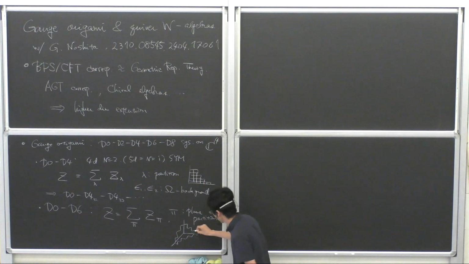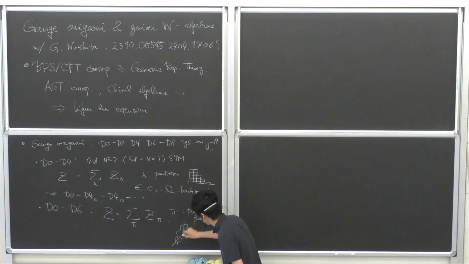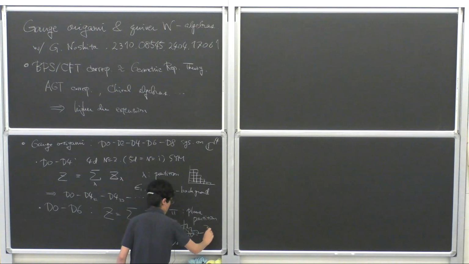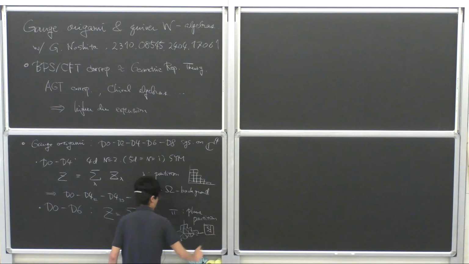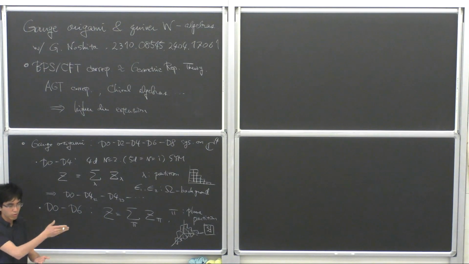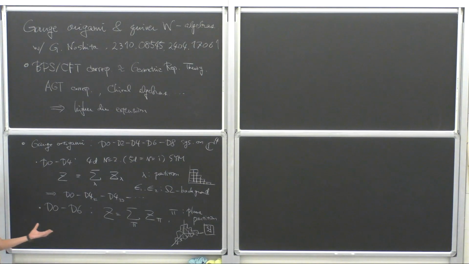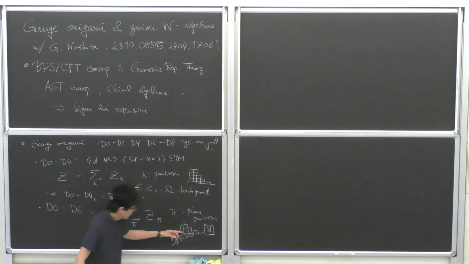It's a bit difficult to draw, but now this is a 3D partition here. The reason is clear because now we have a D6 plane extending, for example, C1, C2, C3. So each axis corresponds to the first, second, and third complex plane.